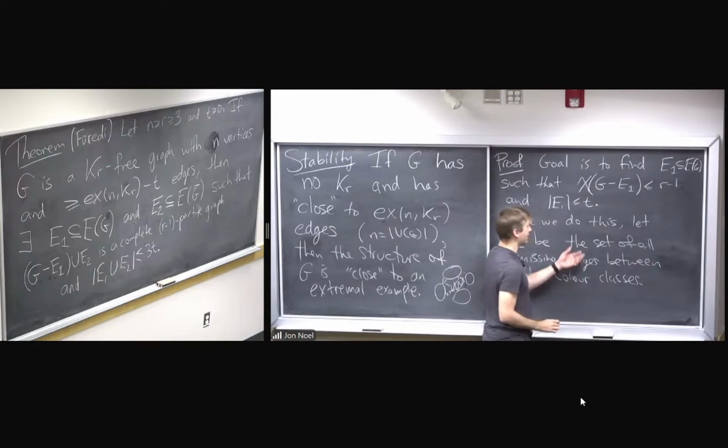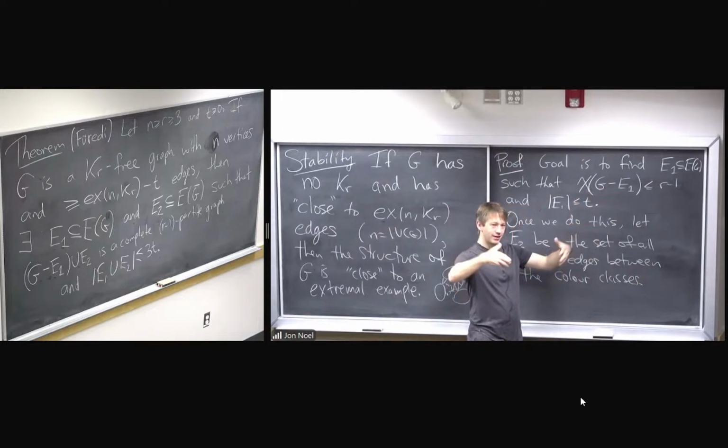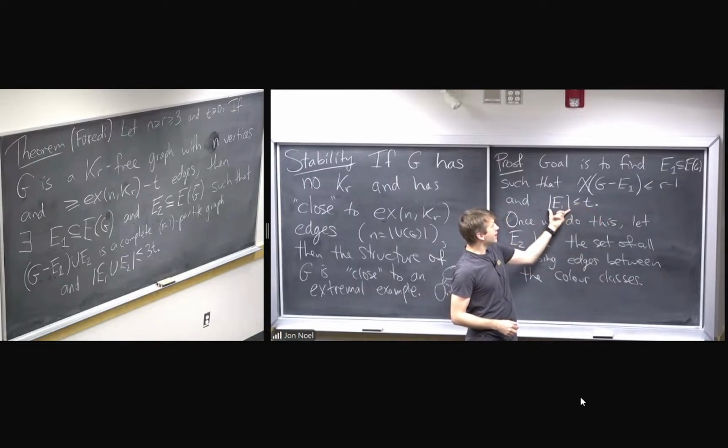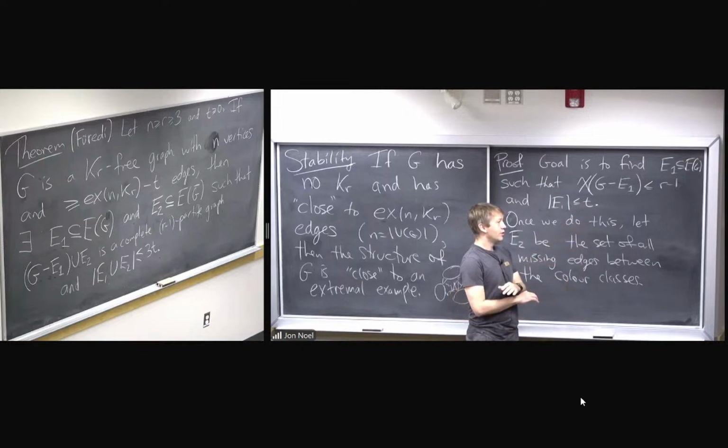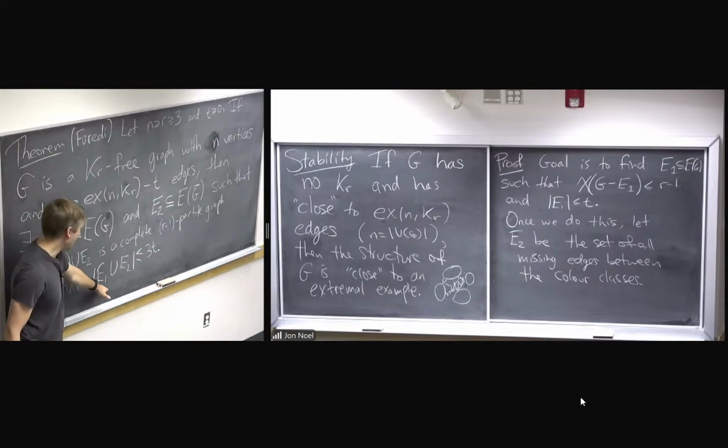When I say color classes, I mean color this graph with r minus 1 colors. What I want to claim is that if I can guarantee that E1 has size at most t, then this E2 will be guaranteed to have size at most 2t. And that'll give me my bound on E1 and E2.